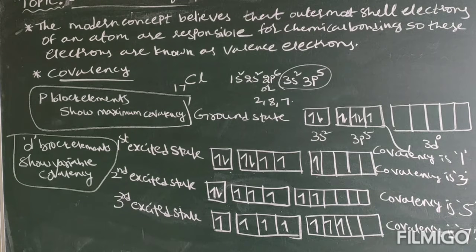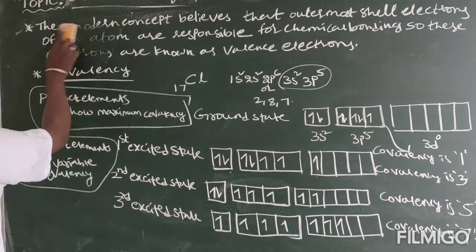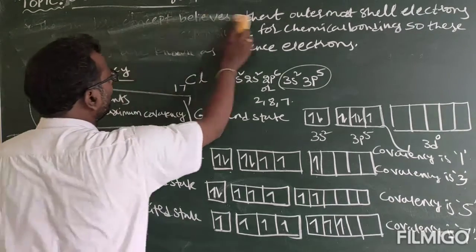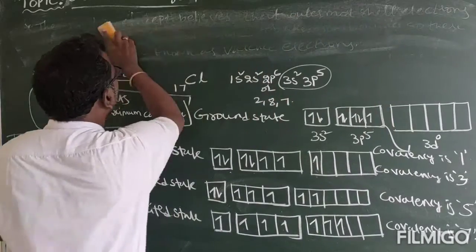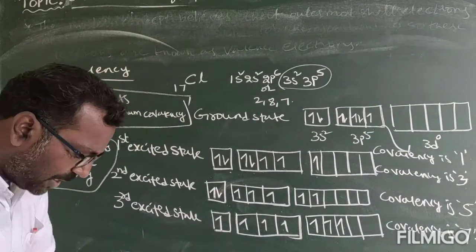It can also be defined as the number of covalent bonds formed by the atom of the element with other atoms. And p block elements show maximum covalency, and d block elements will show variable covalency. Okay, I am writing here the definition.